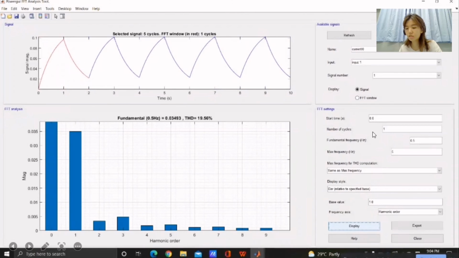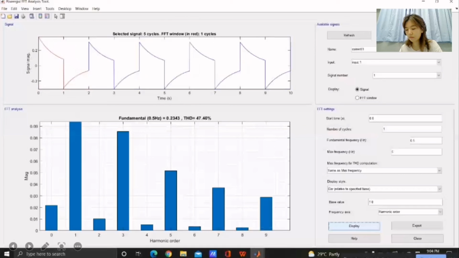This goes the same for current I1, for which the frequency is set from 0.5 to 5. And we can observe that the value decreases with increasing frequency. Then this is for the current I1.